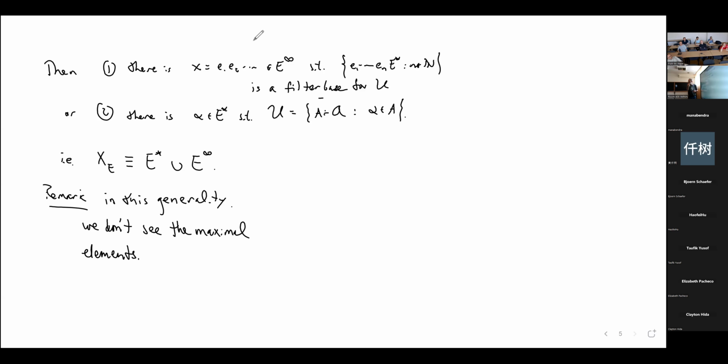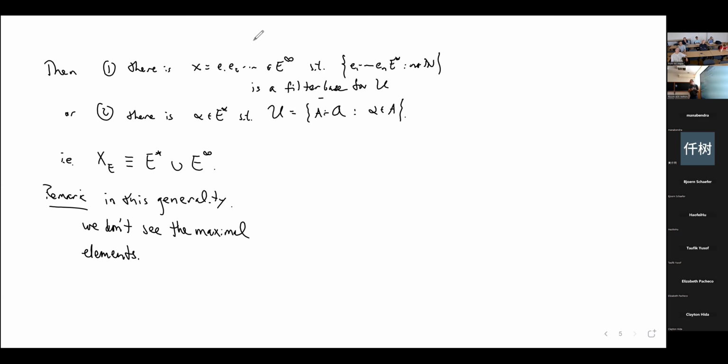Leaves or dangling vertices that don't have anything coming in. So those finite paths would also be maximal. So the maximal elements are the finite paths that begin at a source and the infinite paths. And if we close up that collection, what we bring in are the paths whose source is an infinite receiver.